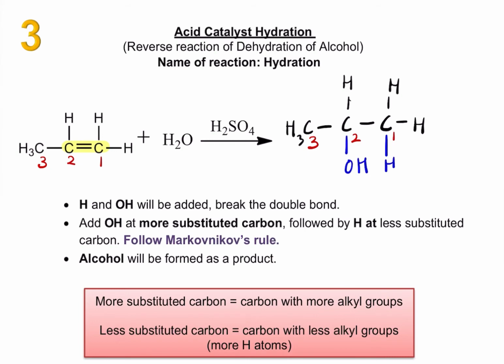Make sure the carbon is bonded to oxygen, not in the middle, not at hydrogen. It must be connected to oxygen. So you can see your product is alcohol. This is because you hydrate this alkene by adding H2O.